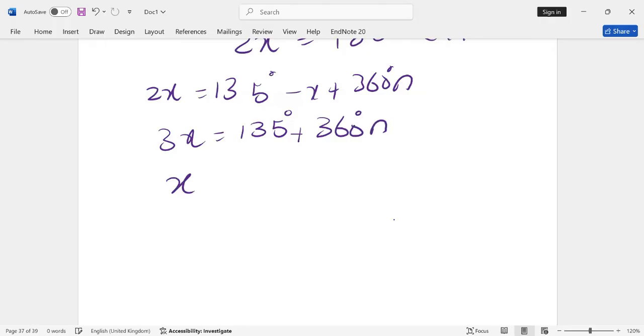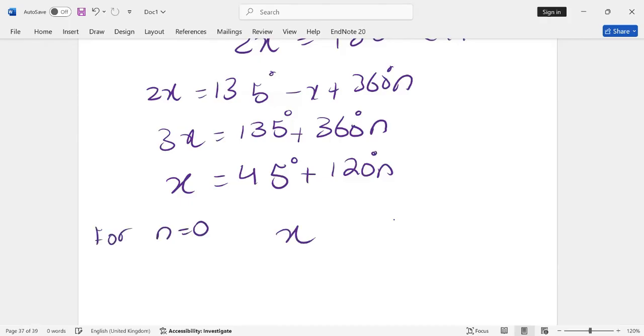So x equals 45 degrees plus 120n degrees, okay? So for n equals 0, we have x equals 45 degrees, all right?